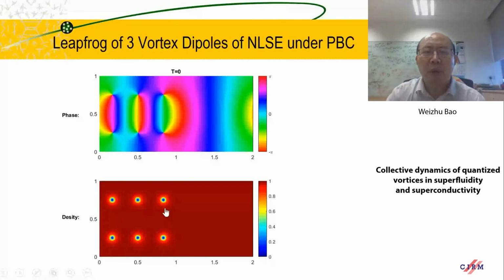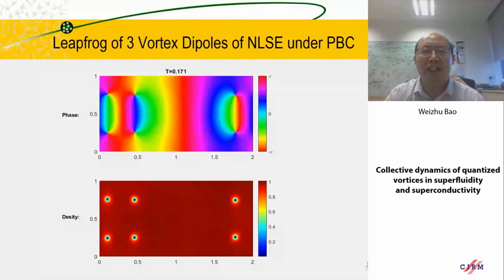When time evolves, they show a leapfrog effect. The one with the larger distance moves slower. The different pairs move like a leapfrog. I'll show it again. They just show a leapfrog.